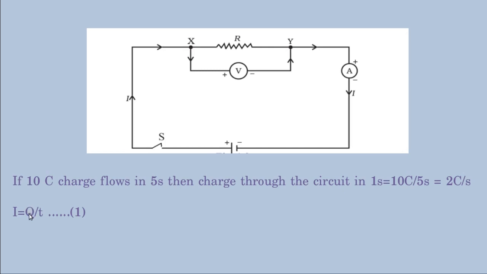Its unit is coulomb, represented by the capital letter C. Coulomb spelling is C-O-U-L-O-M-B and it is pronounced as coulomb. Small t means the time and its unit is second. I is equal to Q by T. That means the intensity of current can be mathematically found by dividing total charges by the time.